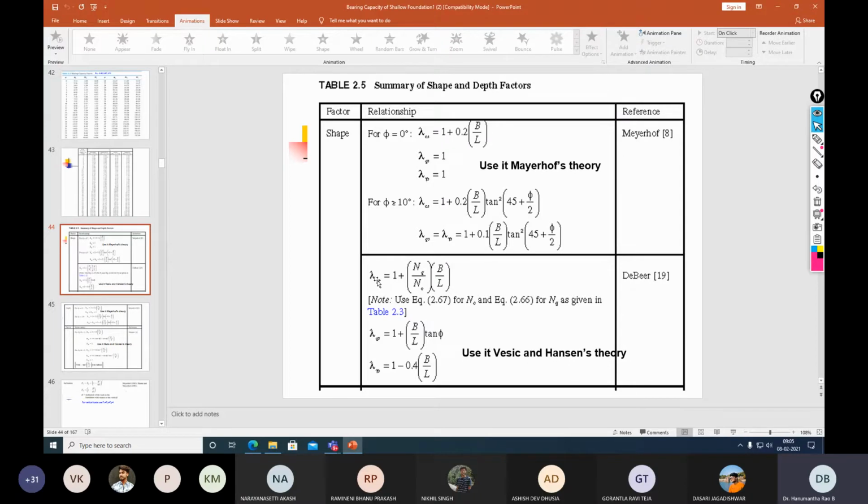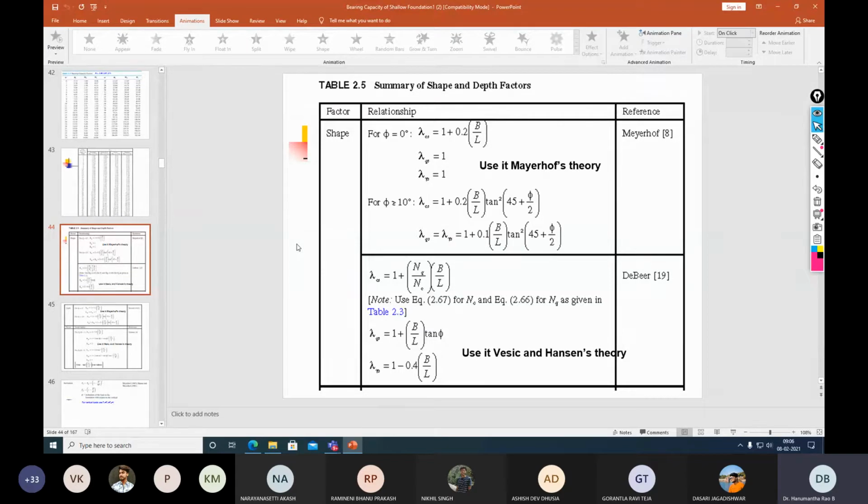However, there were some limitations in Terzaghi's bearing capacity equation. A couple of them are: first, Terzaghi's equation is valid only for the strip footing. It doesn't account for whether the footing shape is square, rectangular, circular, and so forth.